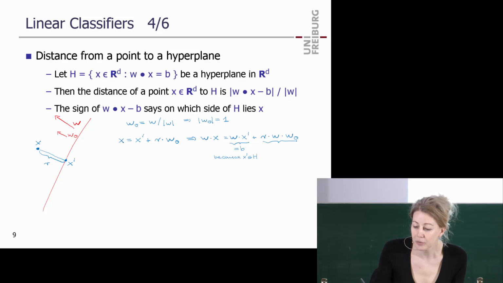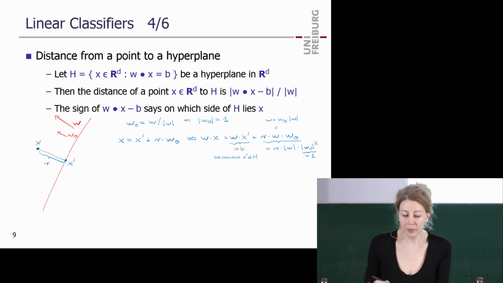And this I can also simplify. w is just the unit vector times its length. And so I have unit vector times unit vector, which is just the length of the unit vector, which is 1. And so this is just R times W, and this is 1.